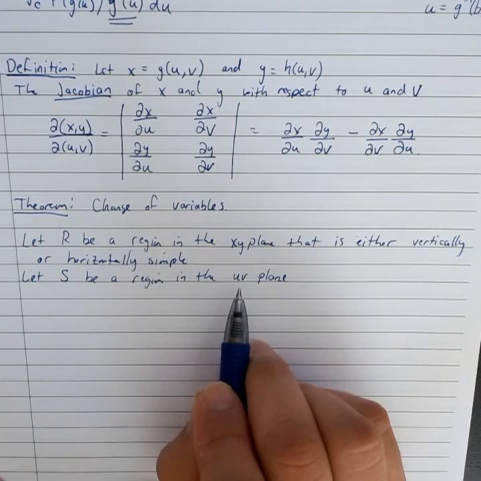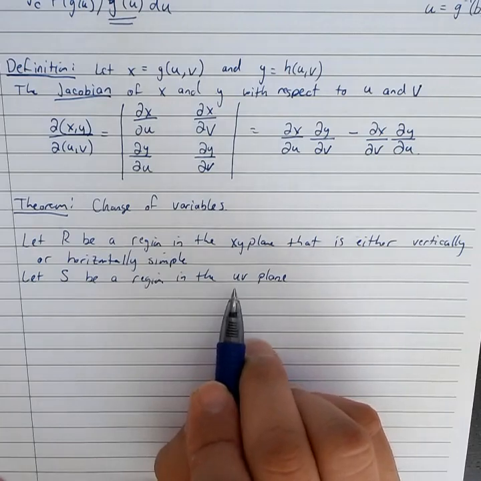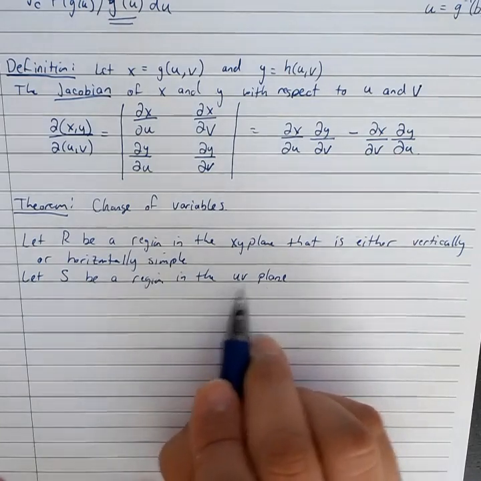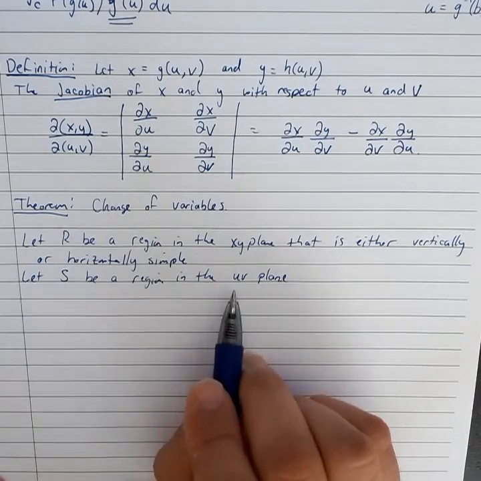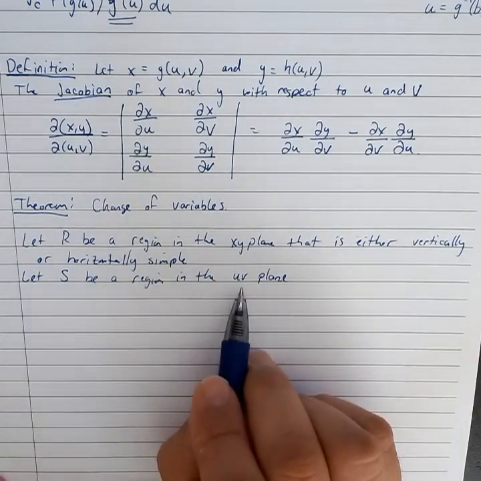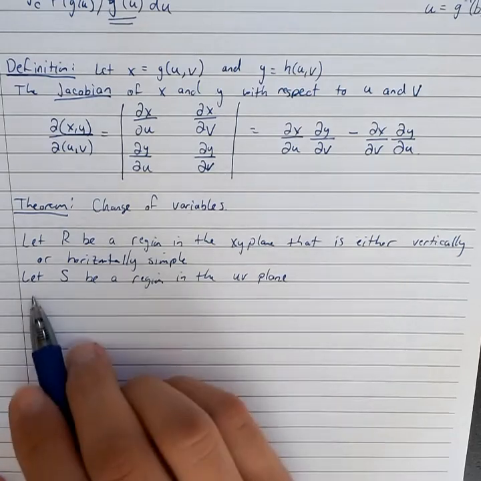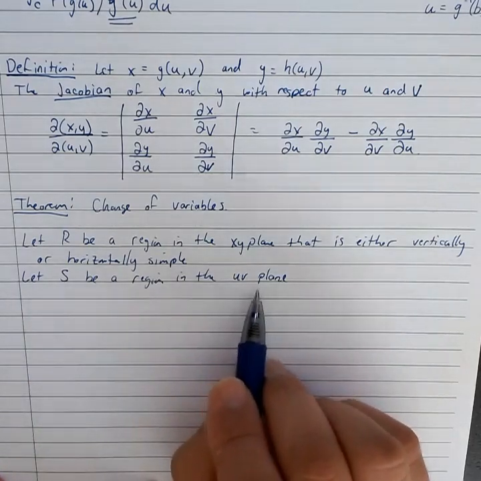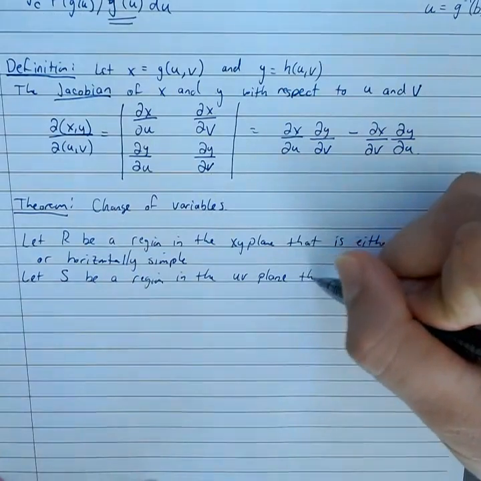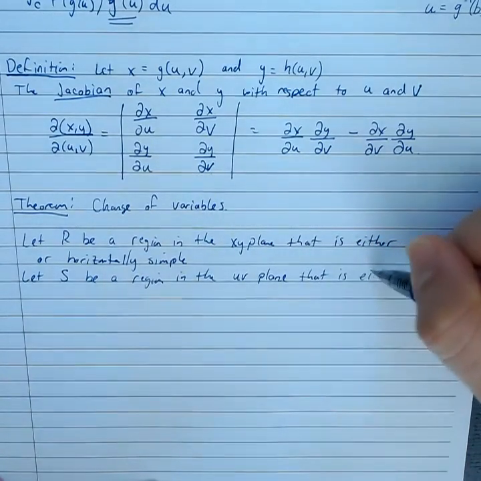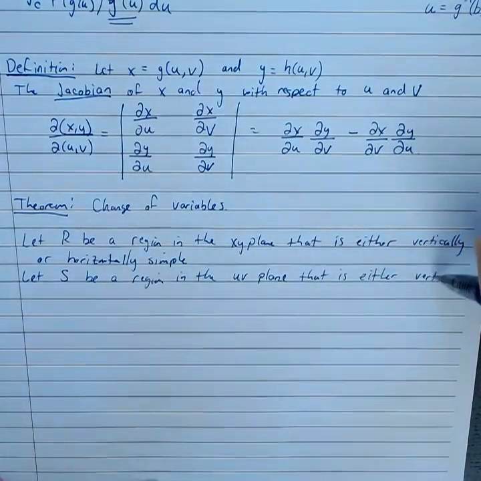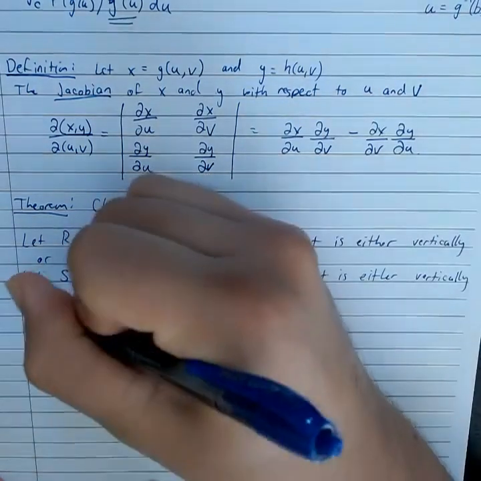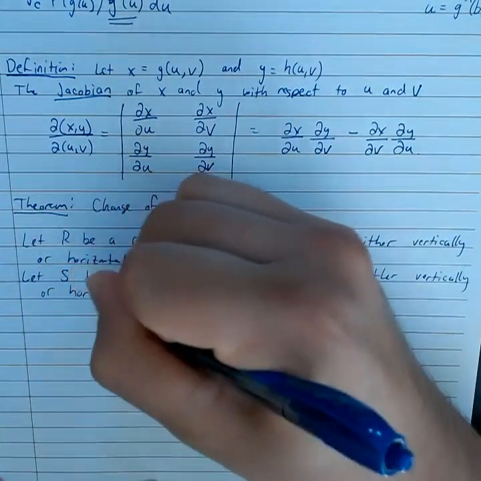The most common example we've seen has been the r theta plane, right, in polar coordinates. But here, this could be anything. And as we'll see in this section, it will be anything. So let S be a region in the UV plane that has the same conditions. That is either vertically or horizontally simple.